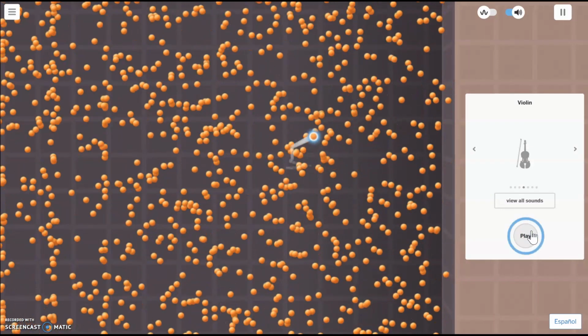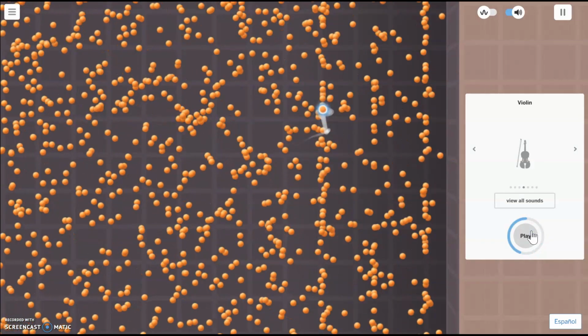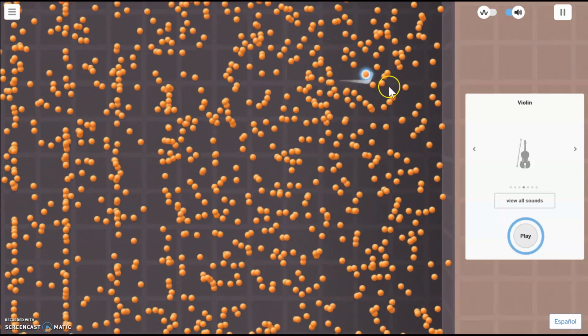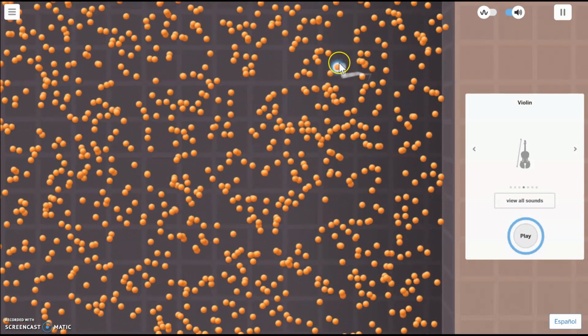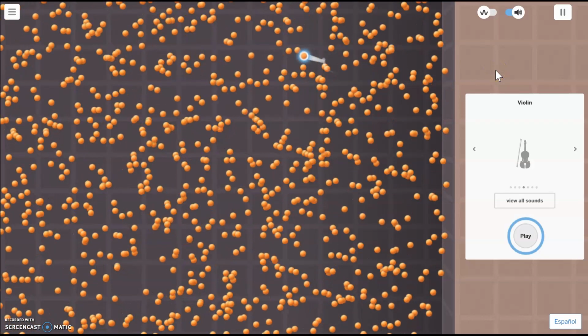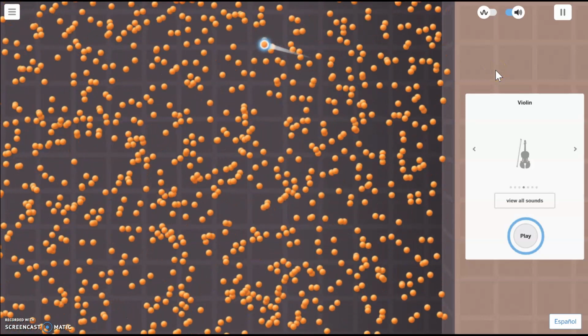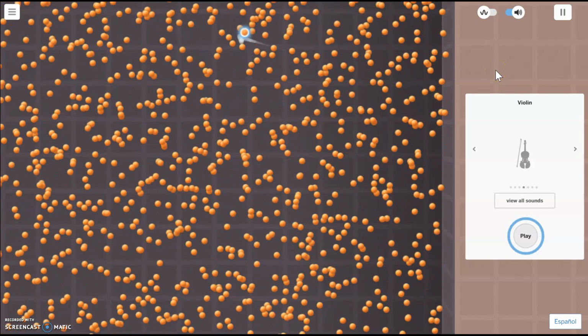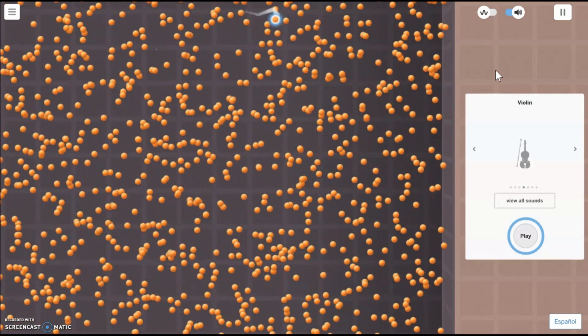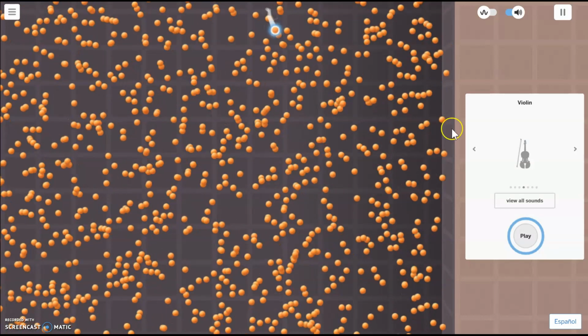And let's try that again. Okay, so I saw that as the sound was being played, this particle was bumping into or colliding with another particle. When those particles collided, it looked like it transferred the energy because it would make the other one start moving again.